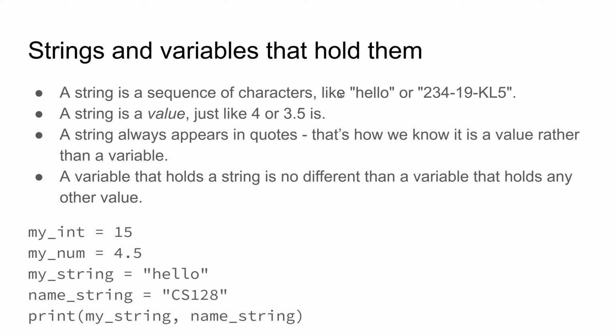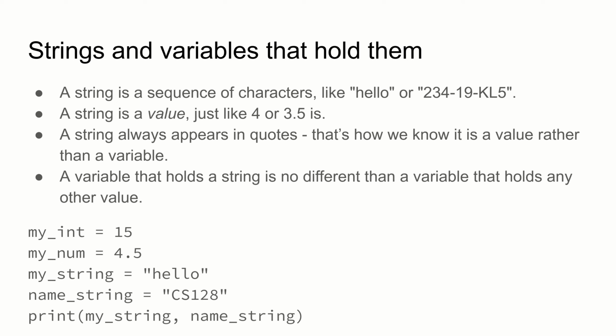That's how we know that it is an actual value that we're using, not a variable. For instance, I could have a variable named hello. Its name would not be in quotes. So down here we see the string hello is used, and we know that it is a string and it's therefore a value that can be stored as a variable because it's inside of quotes.